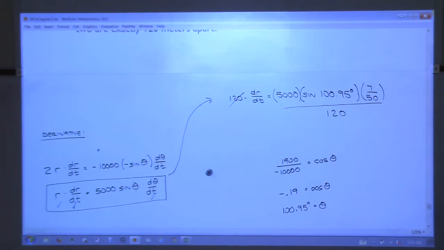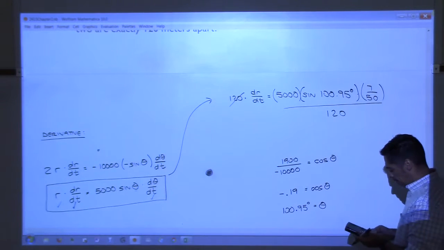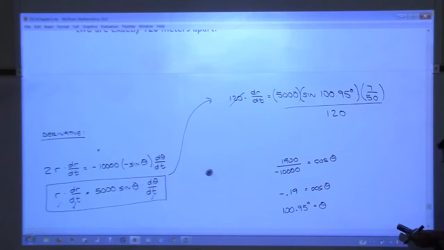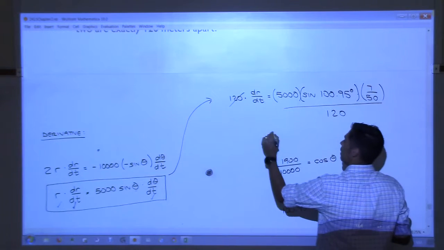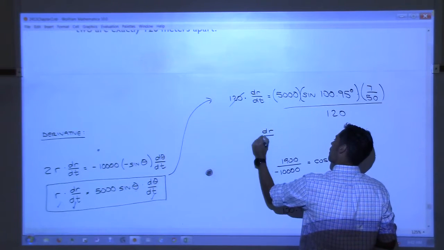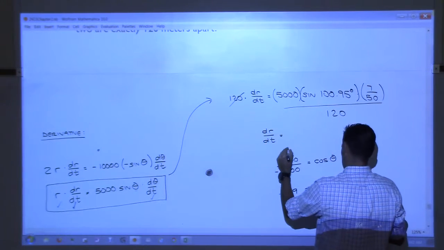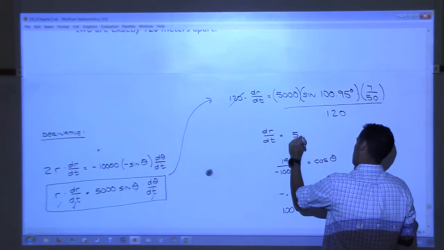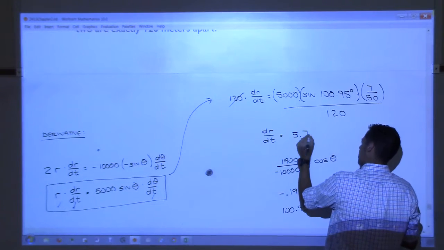All right, so here I go. I'm going to do all this on my calculator. Times sine of 100.95 times 7 divided by 50 divided by 120. Anybody have it yet? I'm getting 5.7-ish.